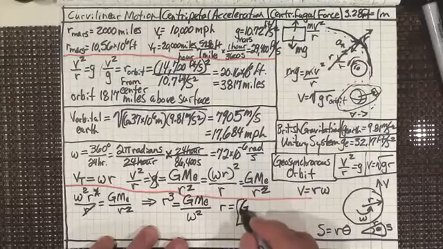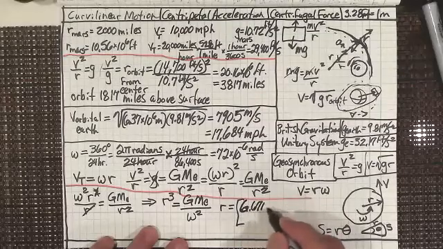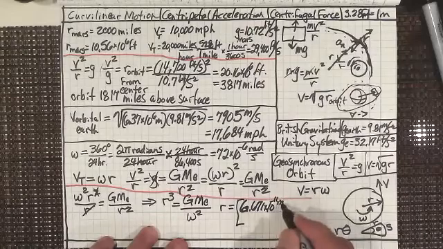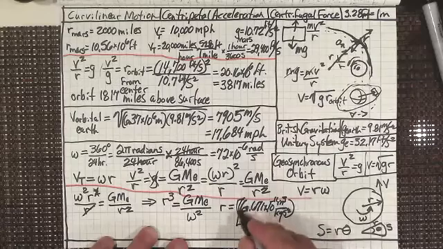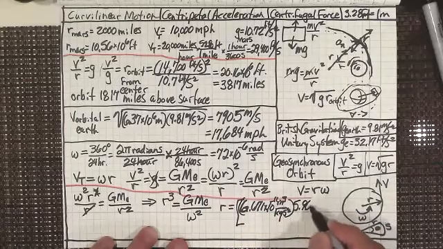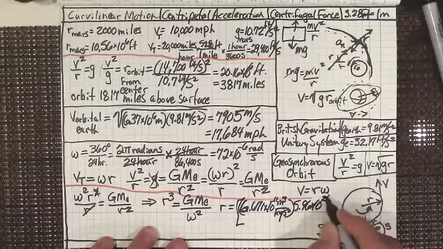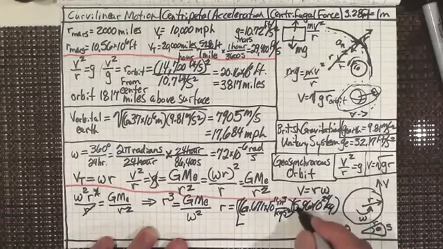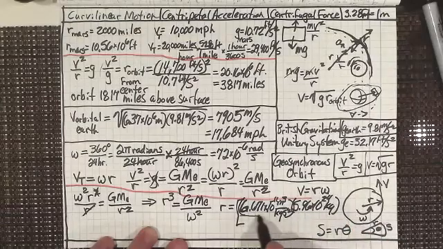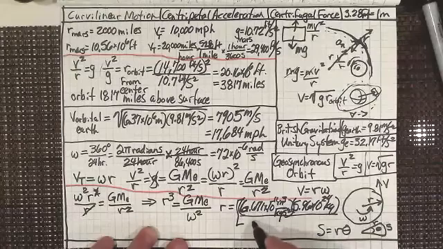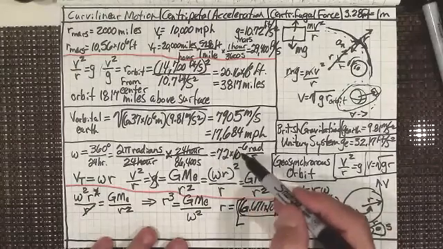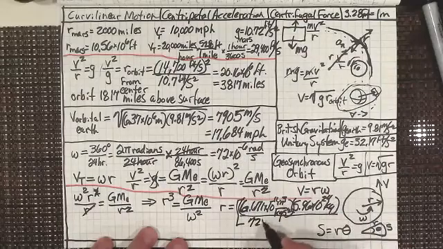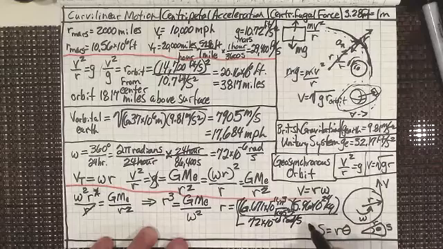In fact, why don't I just write it: 6.67 times 10 to the minus 11 meters cubed per kilogram second squared, times 5.96 times 10 to the 24 kilograms, divided by, we already figured this out, 72 times 10 to the minus 6 radians per second.